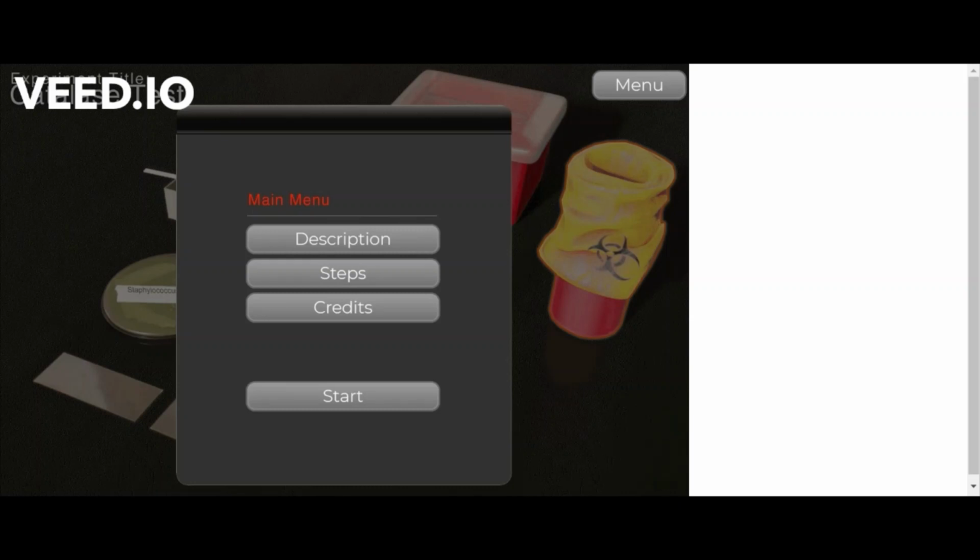The second simulation, which is the Catalase Test, is used to detect whether the microorganism contains the enzyme catalase. Where there is bubble formation on the slides, the microorganism will be considered catalase positive because it contains the enzyme catalase.